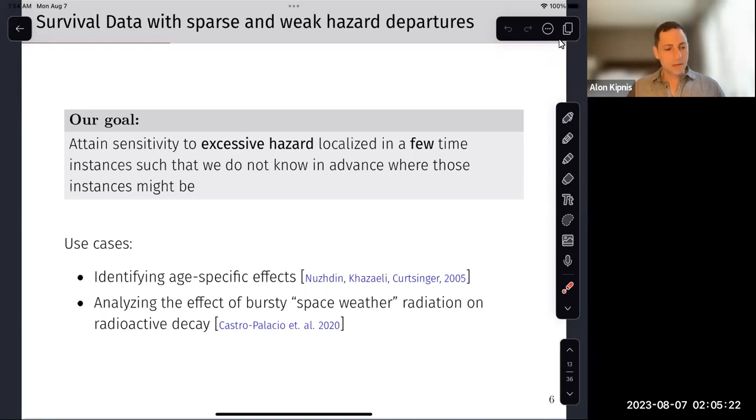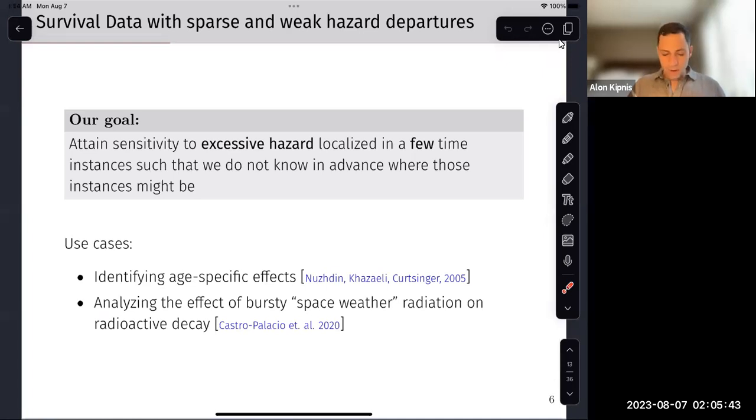This is a study that was actually done in practice, trying to understand whether the decay of a radioactive material in space, exposed to space weather, is different from that of a radioactive material that is not exposed to space weather.